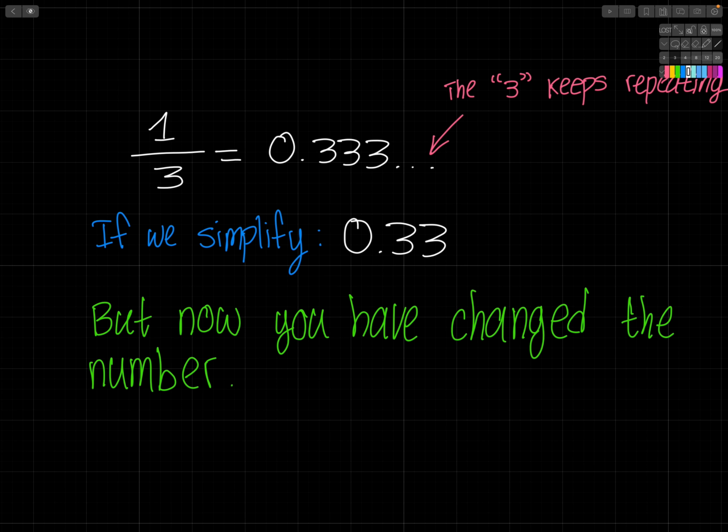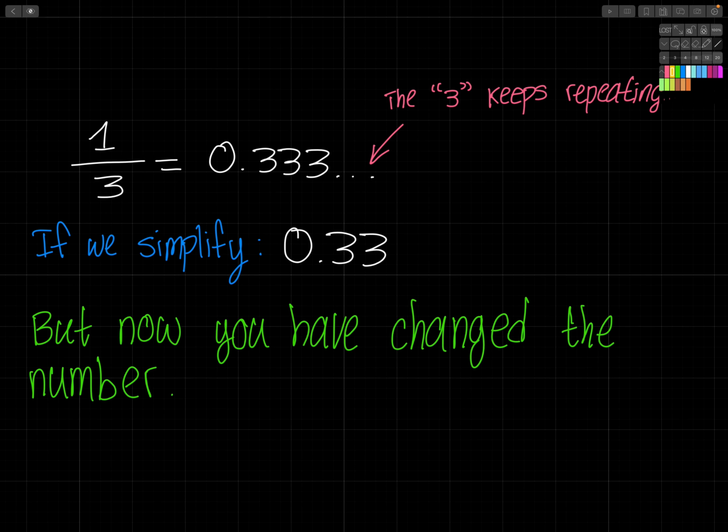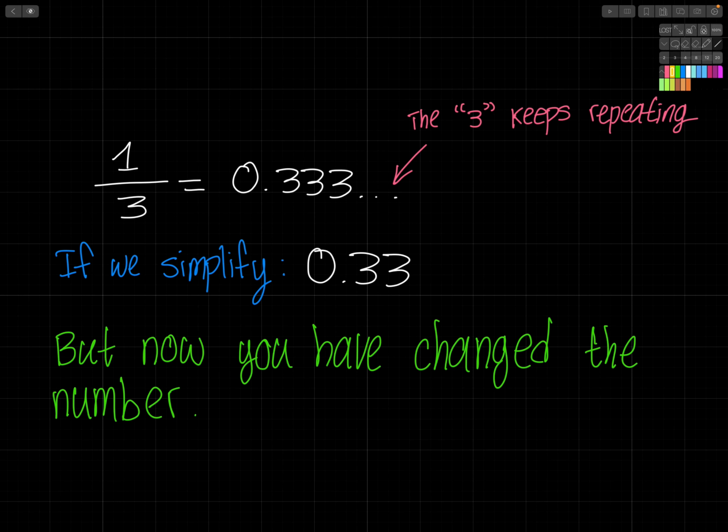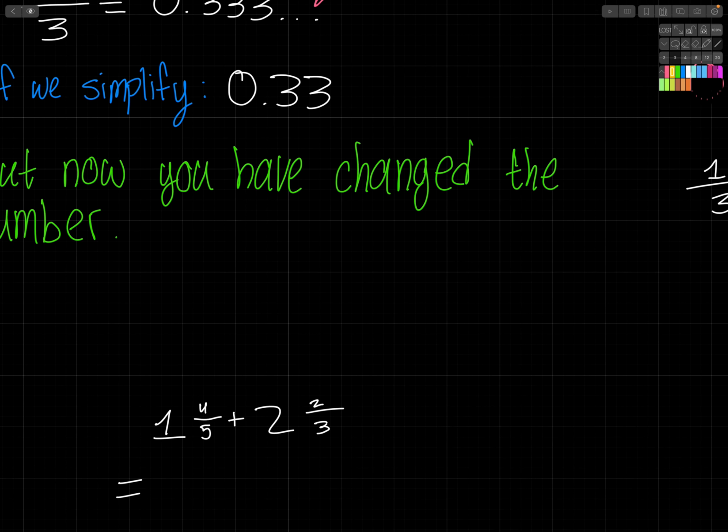So if we just simplify this by just taking this, let's just say 0.33, right? You completely change the number because it's supposed to be 0.3333333 all the way until infinity, but you just made it 0.33.